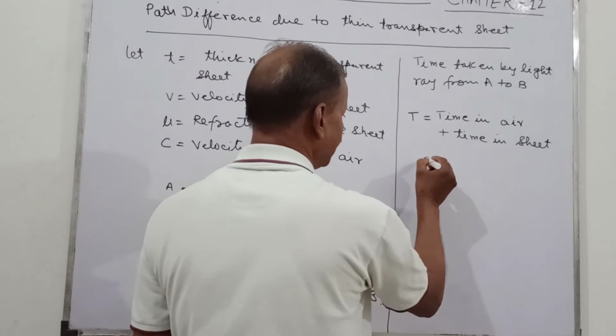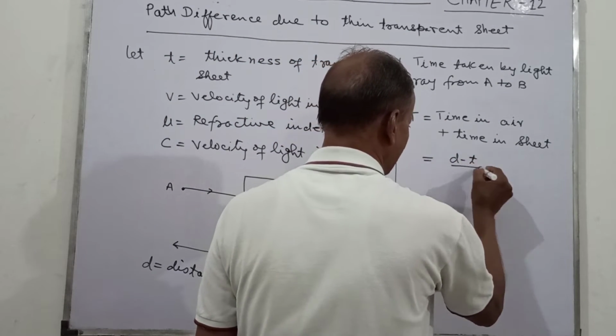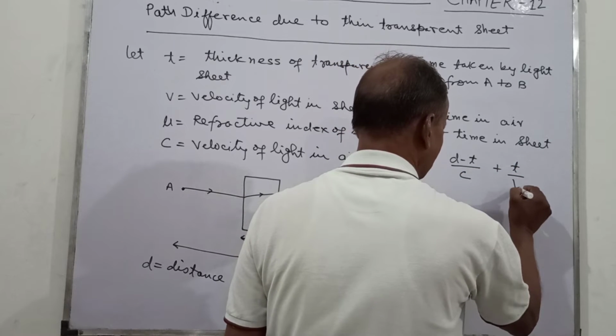So time in air will be D minus T upon C, plus T upon V.